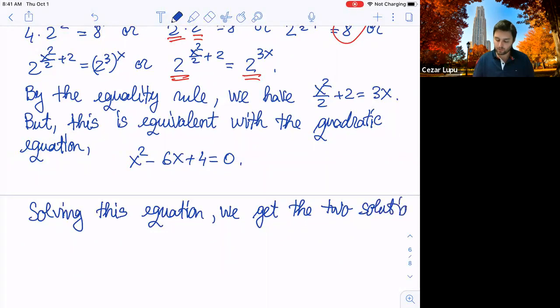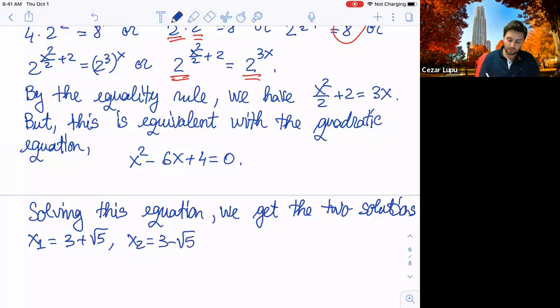The two solutions: x1 is 3 plus square root of 5, x2 will be 3 minus square root of 5. Anyway, this is how we solve this. Okay.